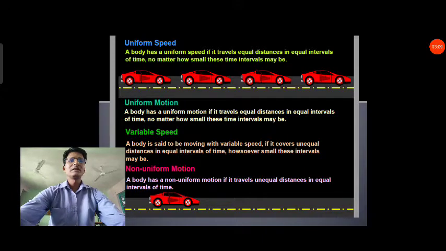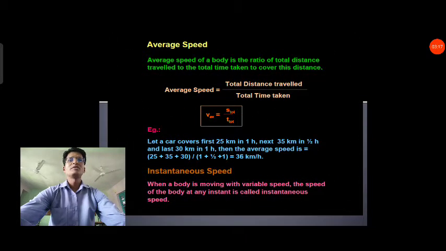Non-uniform or variable speed means unequal distance in equal intervals of time. Average speed is total distance traveled upon total time, the ratio of distance traveled to the time taken to cover the distance. So v is equal to s upon t, meaning s1 plus s2 upon t1 plus t2, that we can also say.